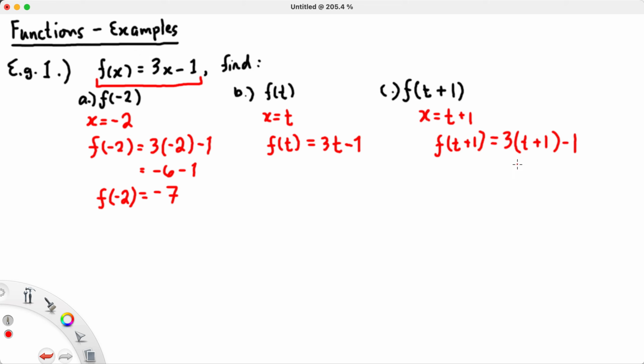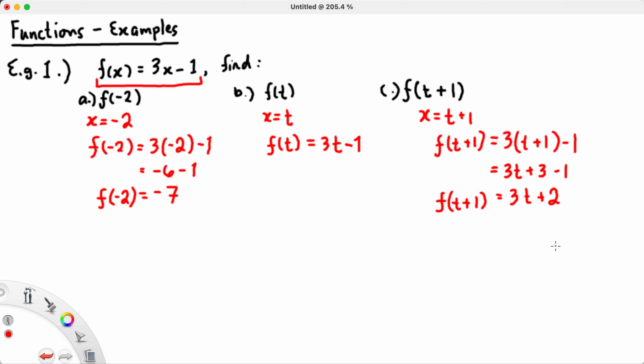Let's do the distribution of 3 here. So we have 3t plus 3 minus 1, which simplifies into 3t plus 2. And that's the function f of t plus 1. And that's it.